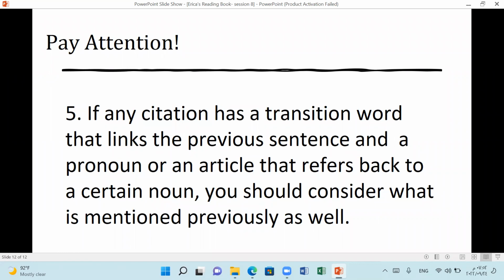So don't ignore reading what is before the citation in case the citation starts with a transition, or in case the citation has a certain pronoun that refers back to a certain noun or proper noun that you are targeting. Is it clear? So hopefully you were able to get to know how to handle the pieces of evidence in the evidence questions.